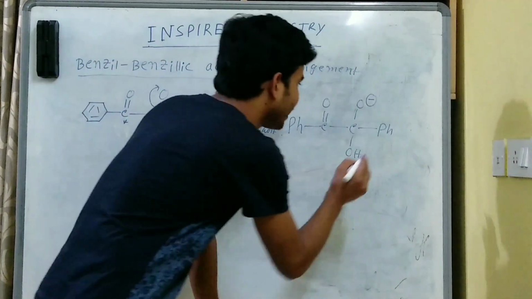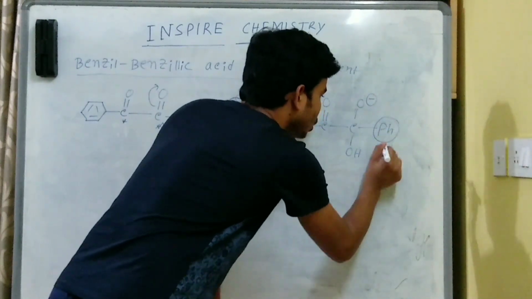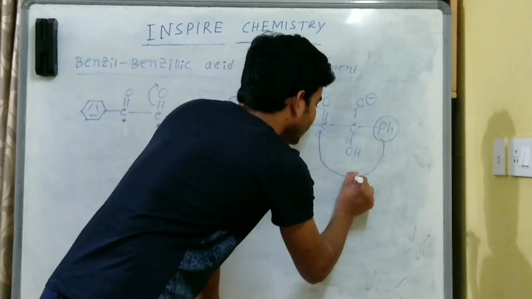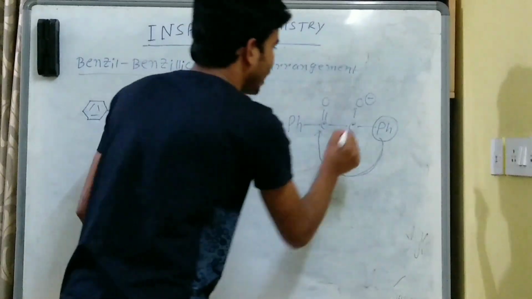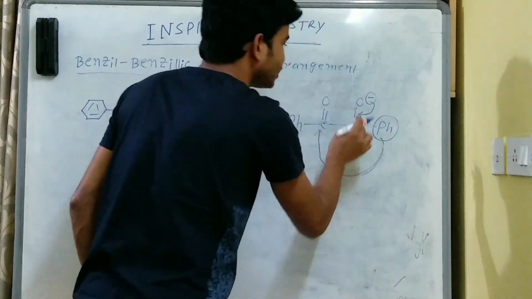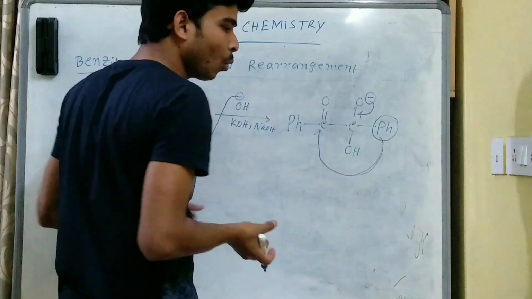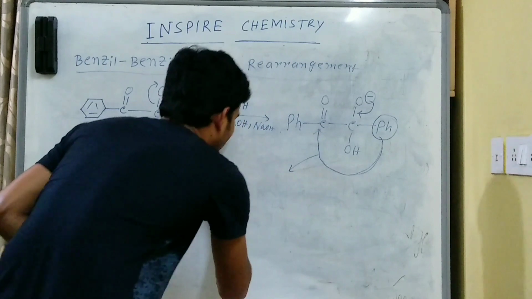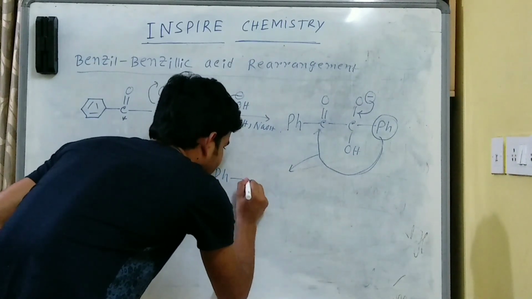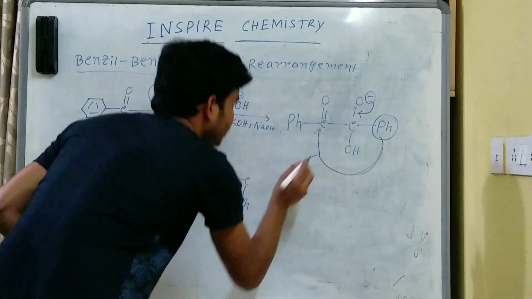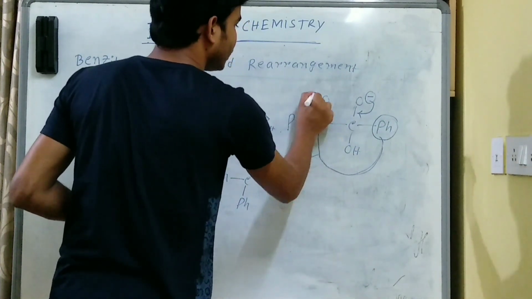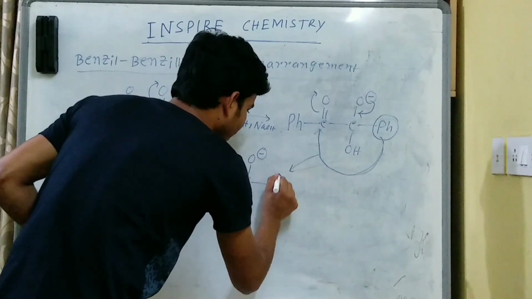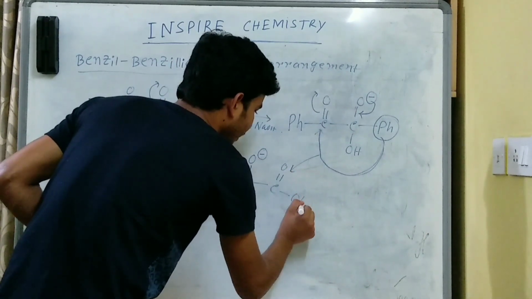In this case, this Ph will migrate to this carbonyl group, and the released O bond will get back to its position, and here we form PhCPh with O negative, and double bond O and OH.